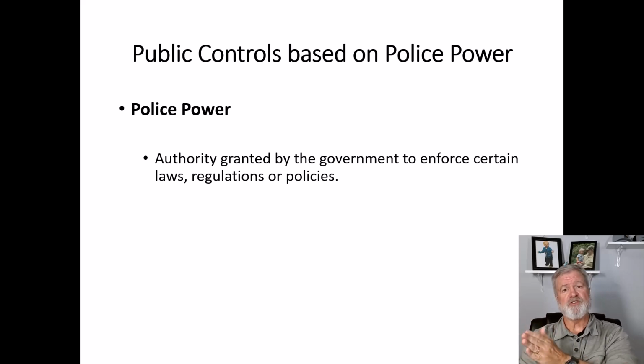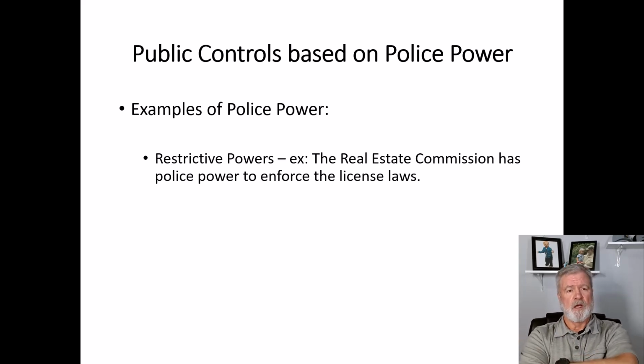Now, we're getting ready to talk about several different examples of what this might look like. And we start out with something called restrictive powers. Just for example, the Real Estate Commission. The Real Estate Commission has police power to enforce the real estate licensing laws.